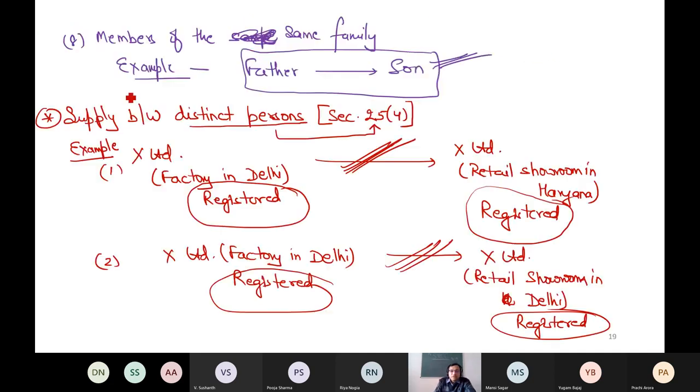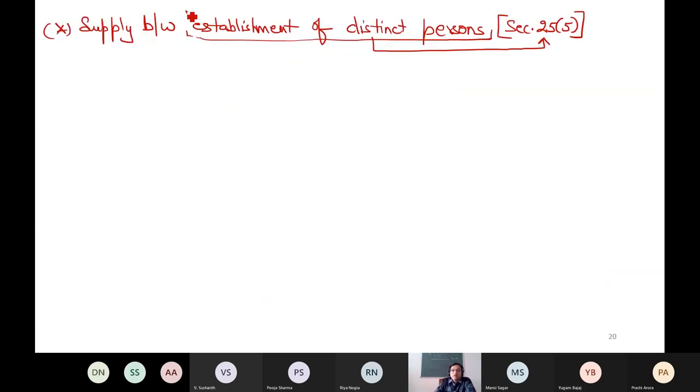Similarly, 25.4 is only for distinct persons. If you supply between distinct persons, that is not section 25.4. 25.4 simply talks about who are distinct persons. That's it. 25.5 gives an example of establishments of distinct persons. Can you tell me, if you remember, what is 25.5?